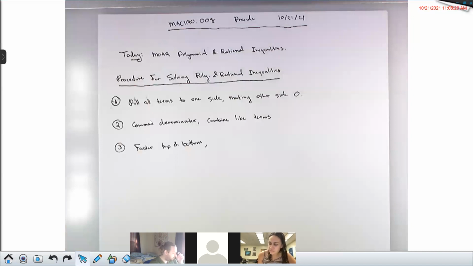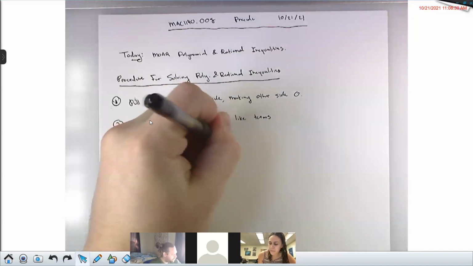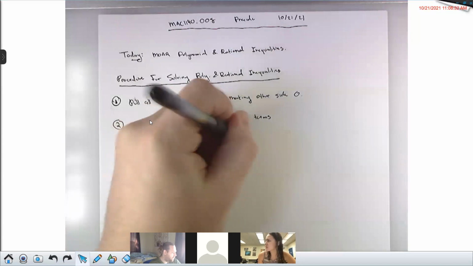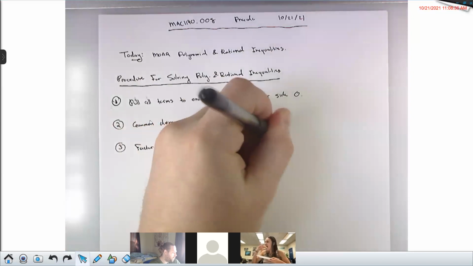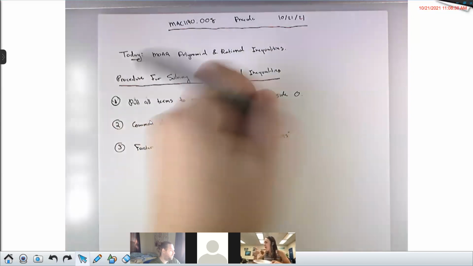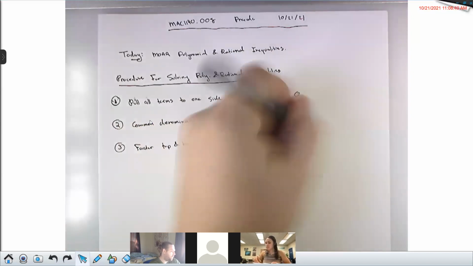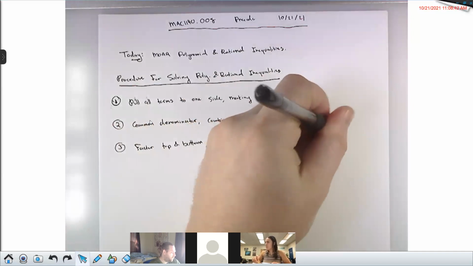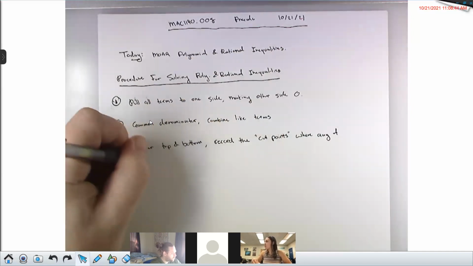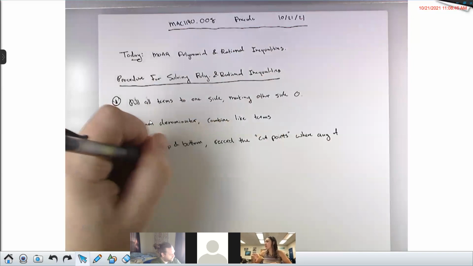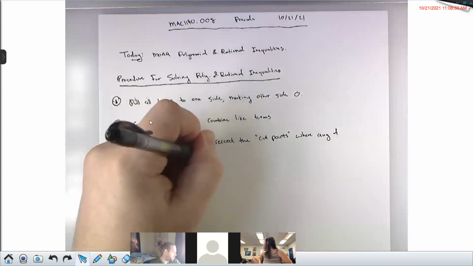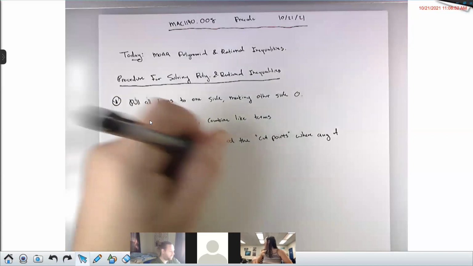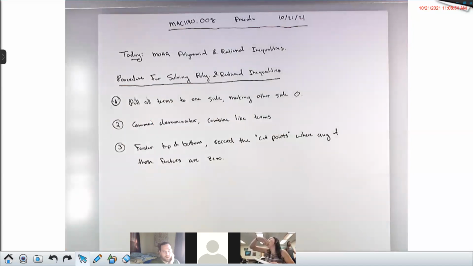Now, your textbook gives these things a name. Call them cut points, where any of those factors are 0. So you're going to write down the roots of the top and the roots of the bottom.